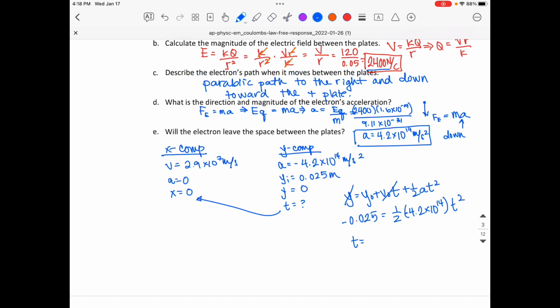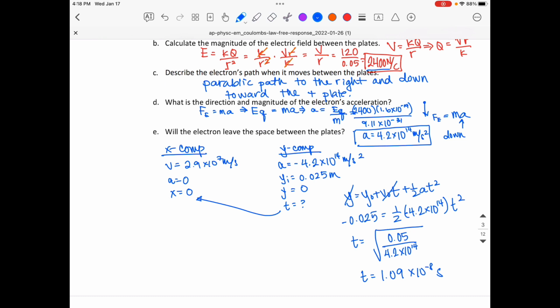I end up with the square root of, if I multiply the 1/2 to the other side, 0.05, again, back to our normal length, divided by 4.2 times 10 to the 14. And the time ends up being 1.09 times 10 to the negative 8 seconds.